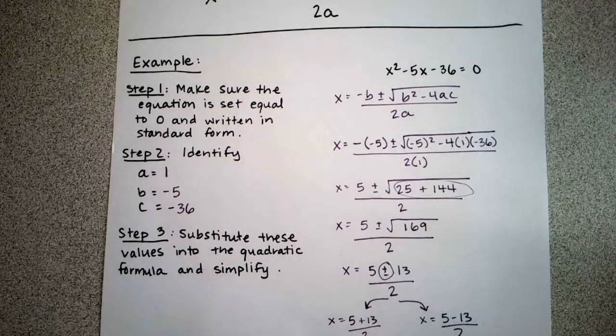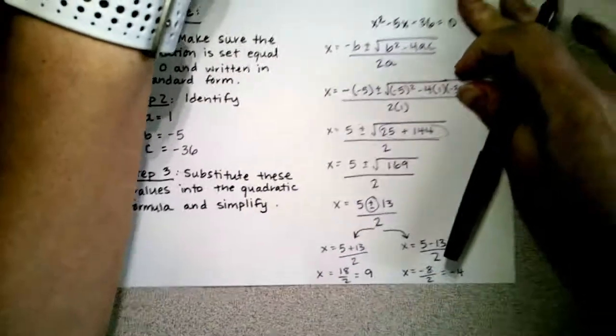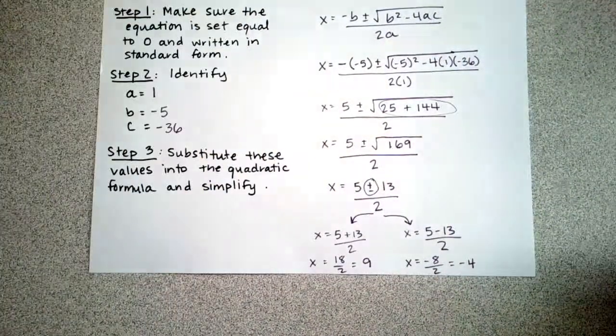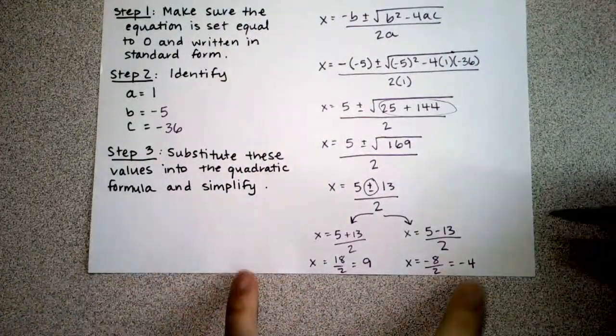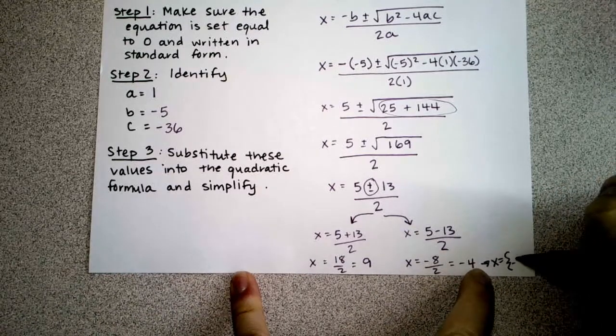And the second one, 5 minus 13 is negative 8 over 2, which is negative 4. So our two solutions here, sorry about that, you couldn't see it. Our two solutions here are x equals negative 4 and 9.